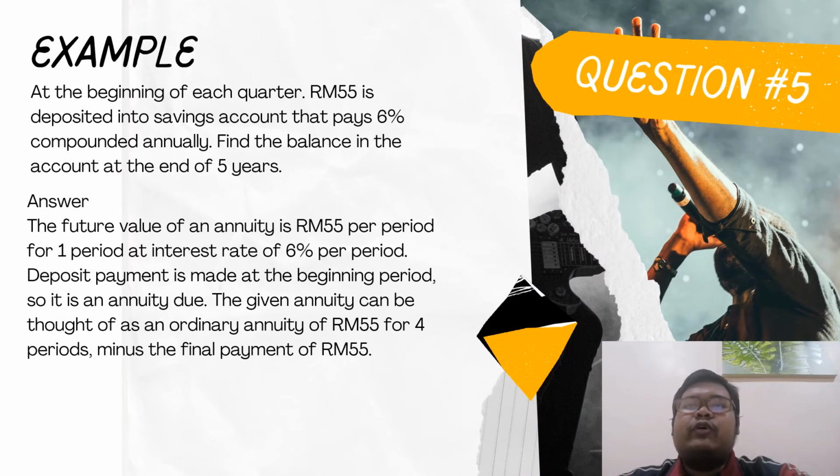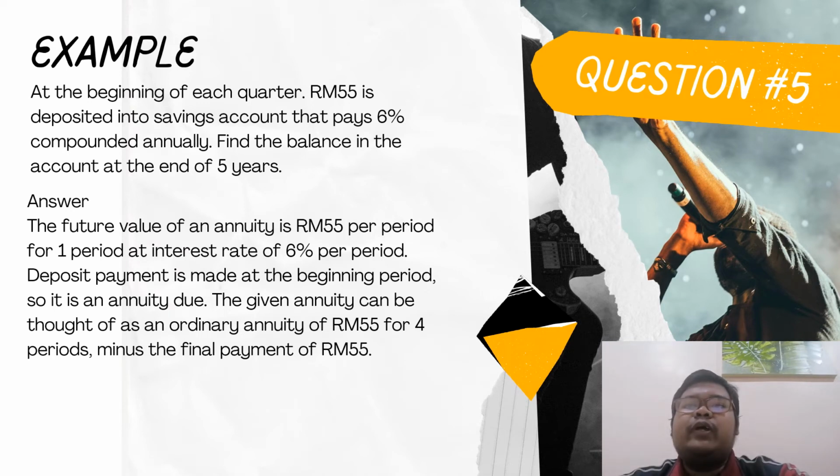For question 5 example, at the beginning of each quarter, 55 ringgit is deposited into a savings account that pays 6% compounded annually. Find the balance in the account at the end of 5 years. The answer: the future value of an annuity is 55 ringgit per period for 1 period at interest rate of 6% per period.